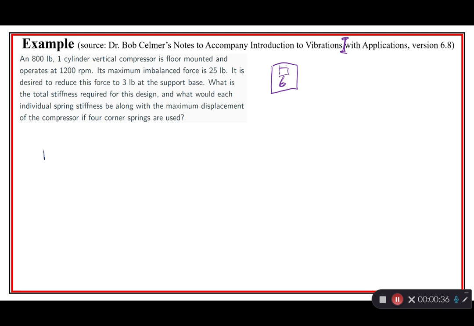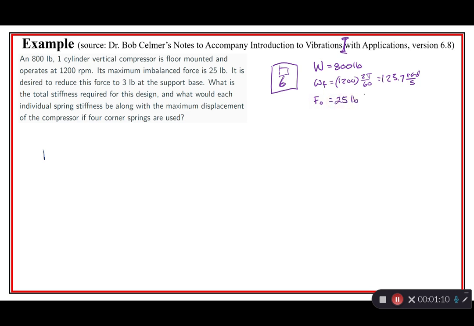His weight is equal to 800 pounds, and he operates at an omega F, it's not a W, 1200 RPM, 2 pi over 60 to turn it into radians per second. So 125.7 radians per second. Great. And it's got an imbalance force, F0, of 25 pounds.